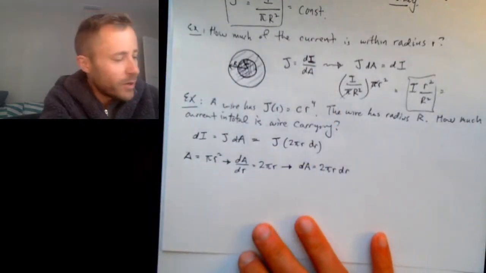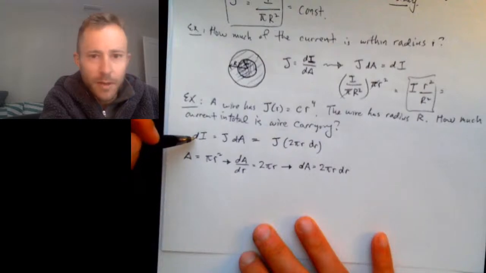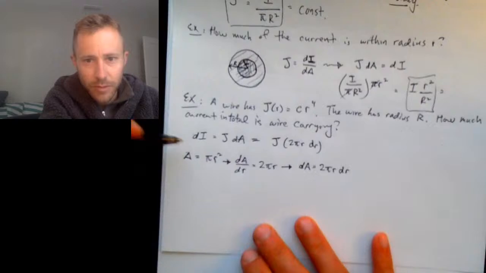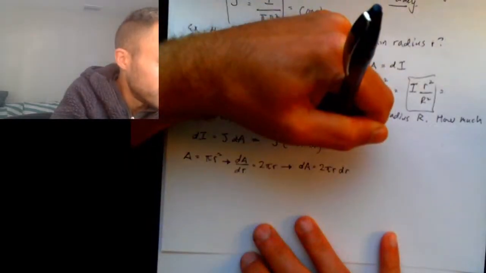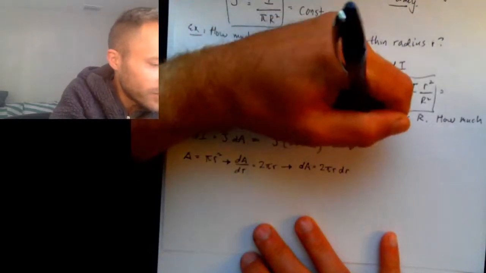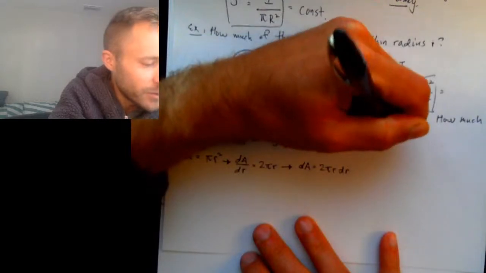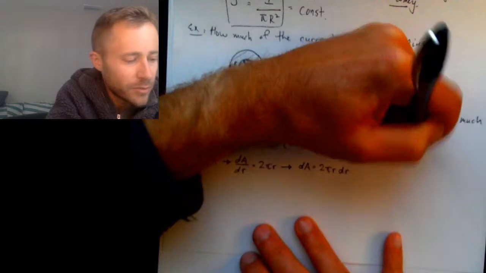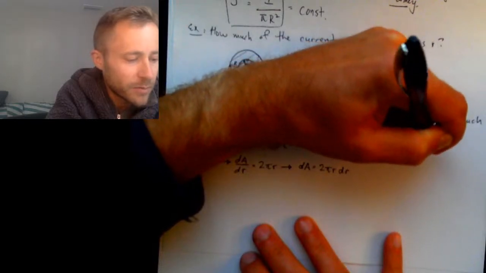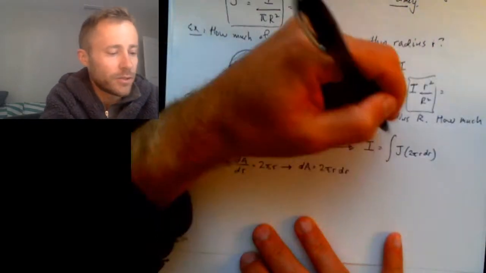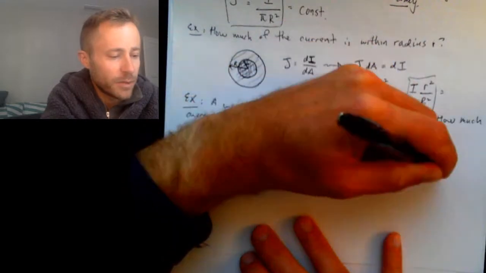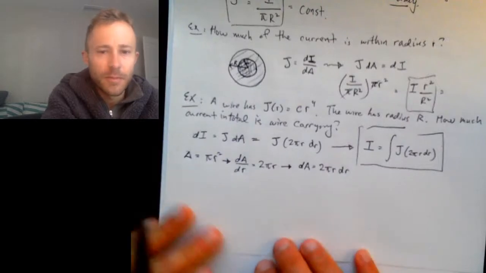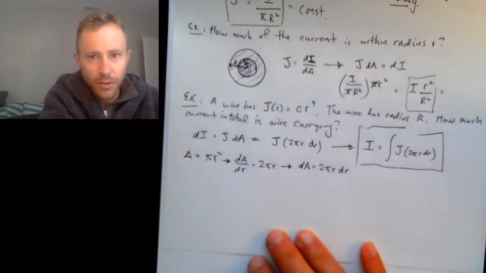Now, if I want to actually solve for the current, I have to integrate both sides to get rid of the differential d. So the total amount of current is going to be the integral of J times 2 pi R dr. This is actually an important equation for today, and that's for a circular cross-section wire.